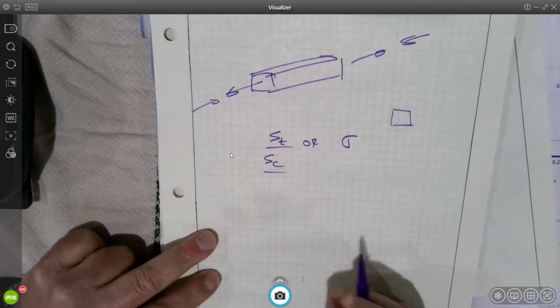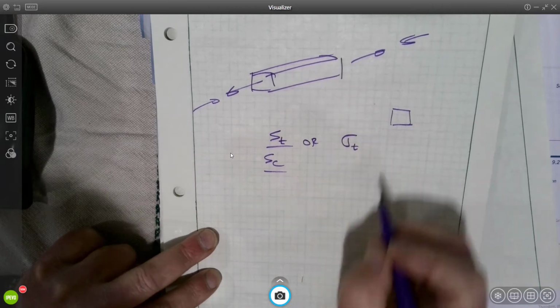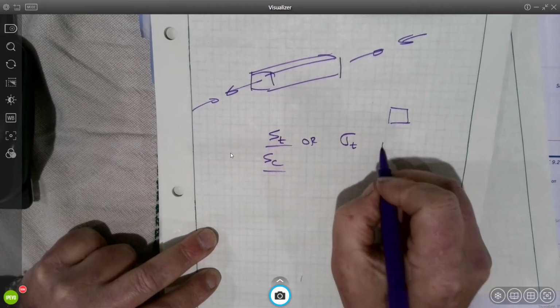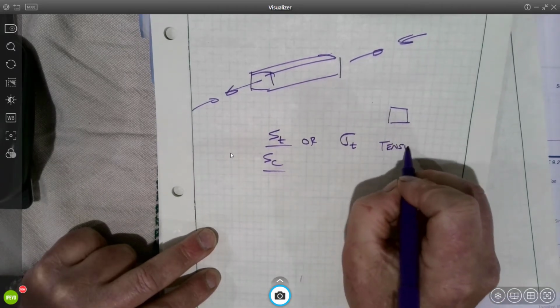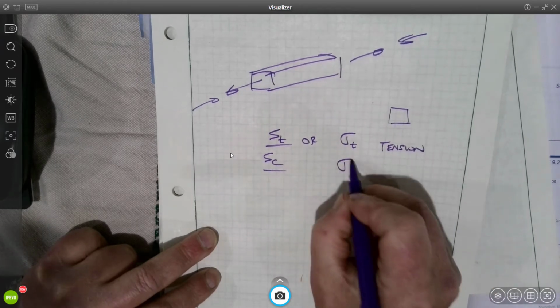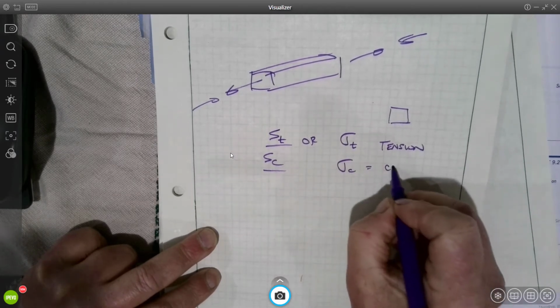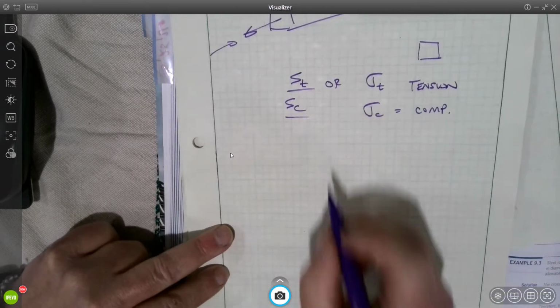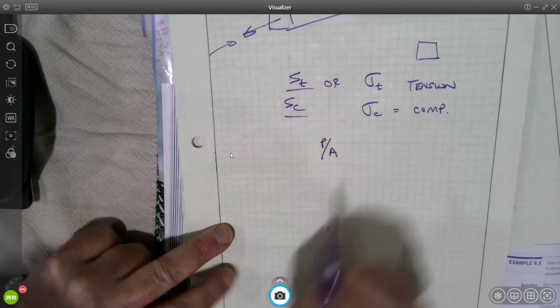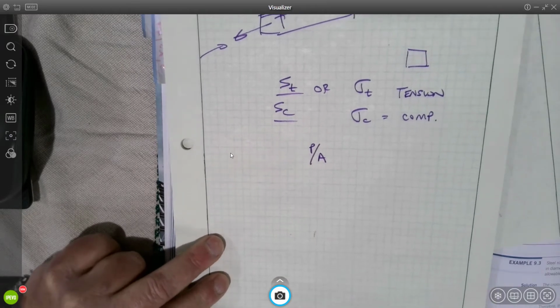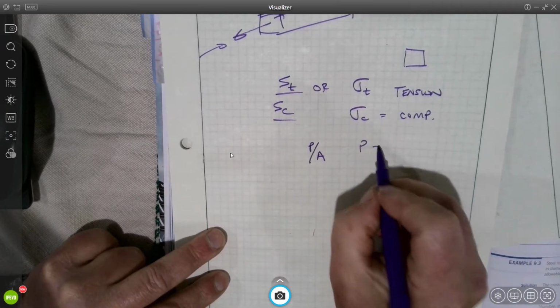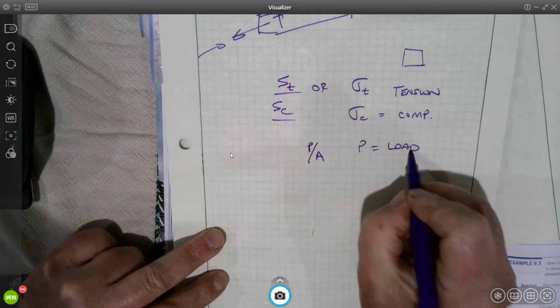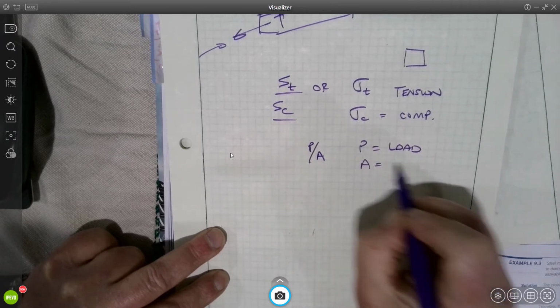That'll be my sigma, and I'll put a little T down for tension and a little C down for compression. Those are different stresses. The equation is P over A, where P is going to be your load and A is going to be your area.